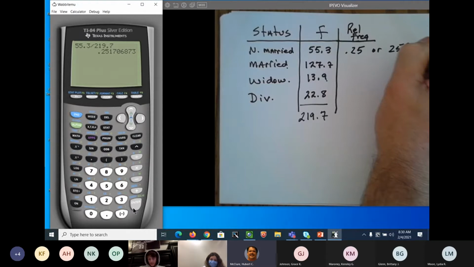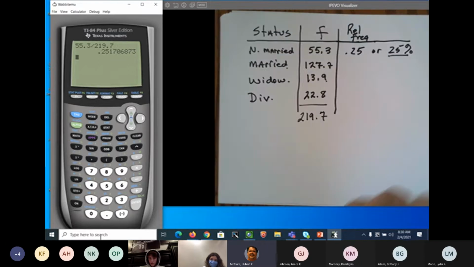Since you are doing a pie chart, you need to change it to percent, because pie charts are done in percent. Okay, so the next one is 127.7.